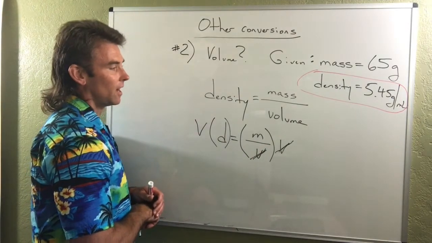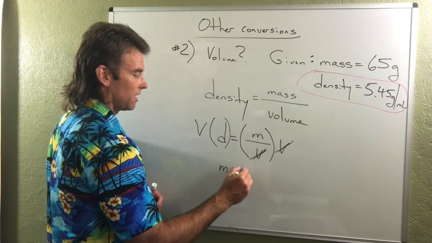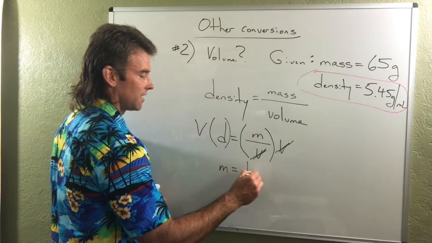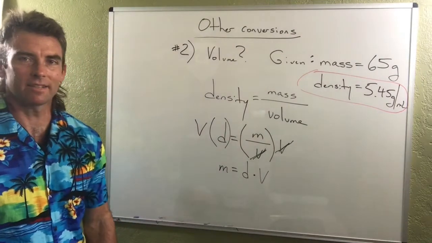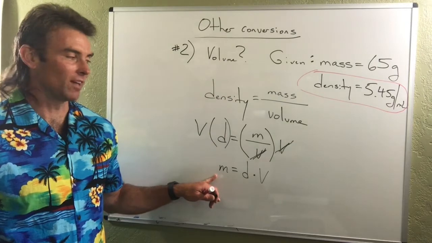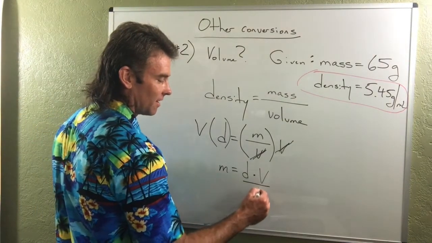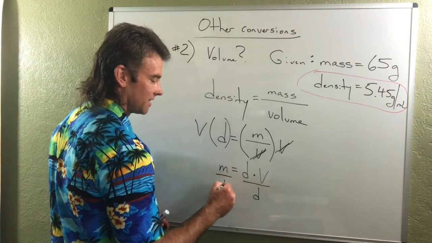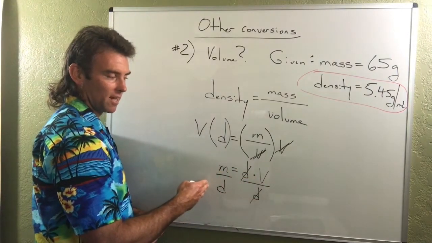And so what I've got at this point is mass is density times volume. You might say, well, that didn't help any because we're given the mass. Well, now we just need one more step. We can divide both sides by density. Density cancels out. Anything you do on one side, you've got to do on the other.